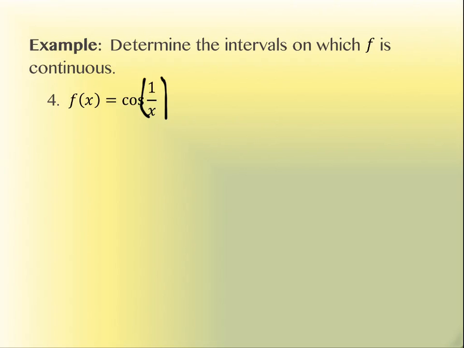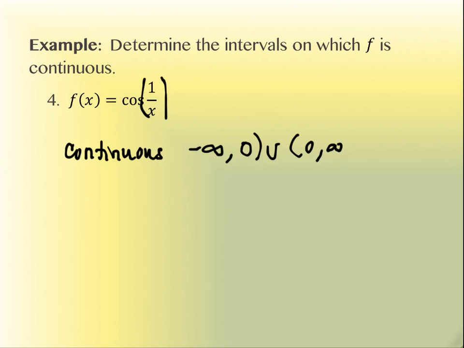So this function will be continuous from negative infinity to 0 and 0 to infinity. And again, the issue is because the 0 would make this denominator of the 1 over x 0. Any questions on that one?